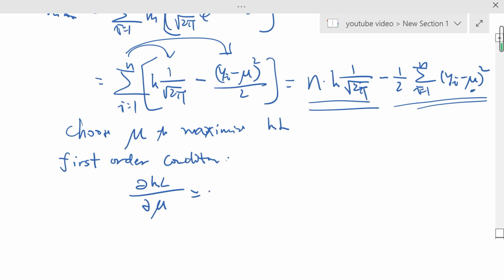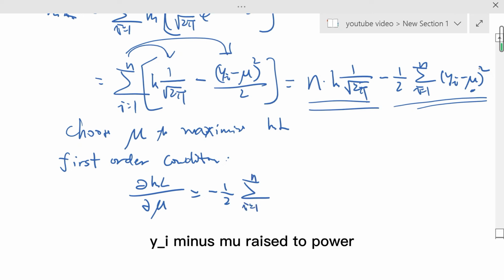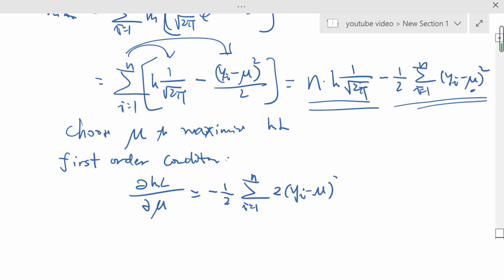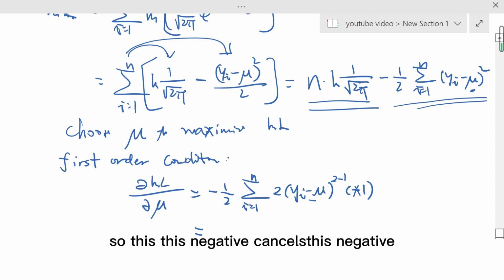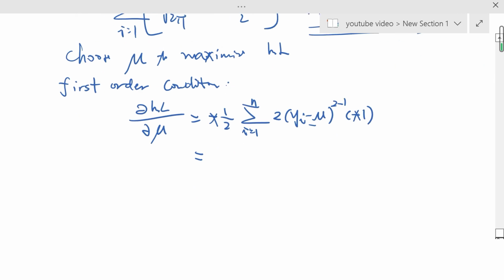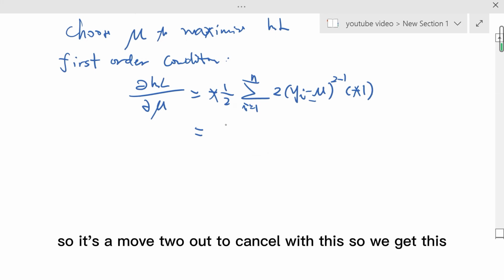Then, minus 1 over 2, and there's a square here, (y minus mu) raised to the power of 2. So we can put the power down and take 1 away from the power. Then there's a negative 1 here, so this negative cancels out with this negative, and the 2 cancels out with this.